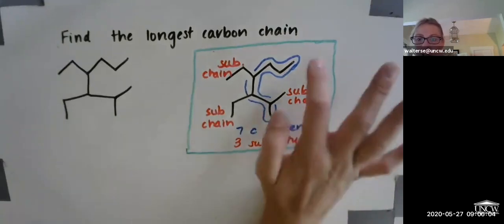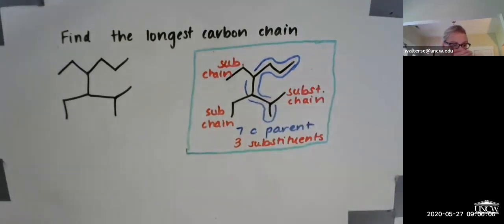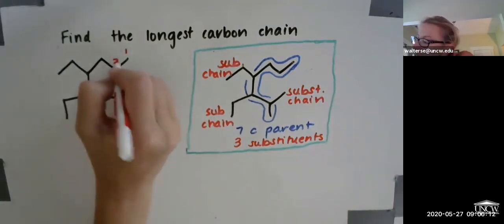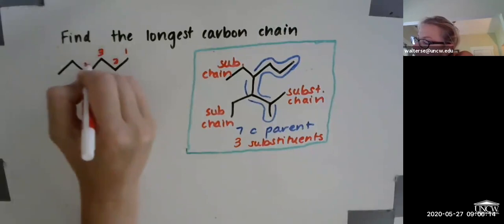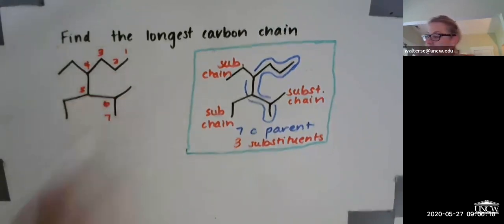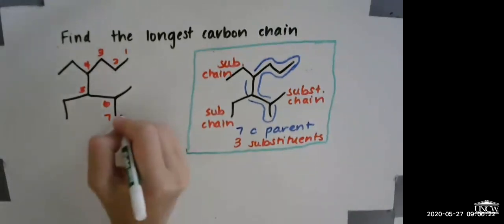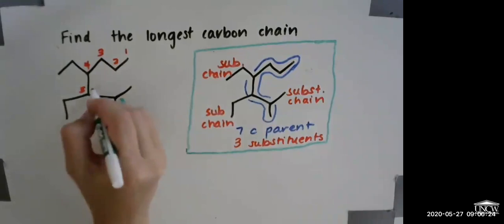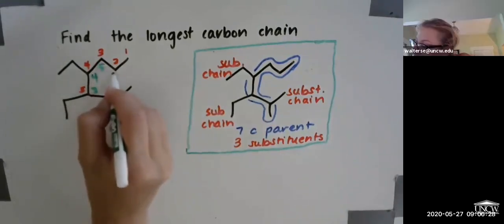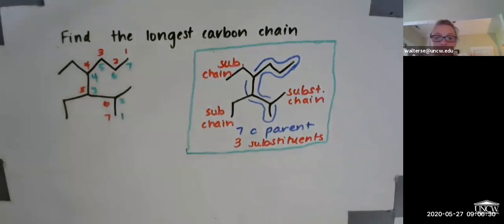Start here and go up to there. So 1, 2, 3, 4, 5, 6, 7. If we go back up, 1, 2, 3, 4, 5, 6, 7.